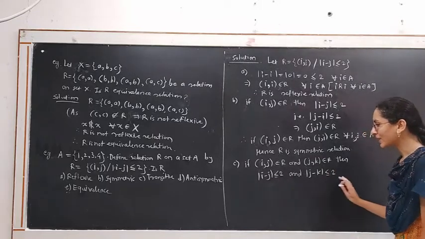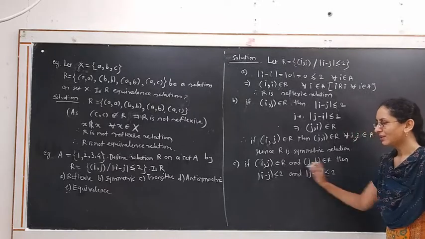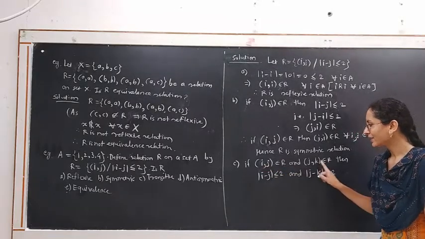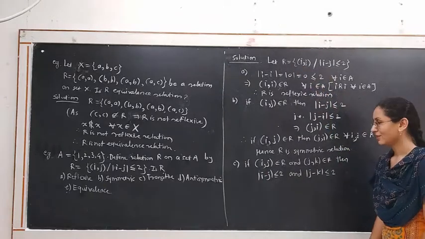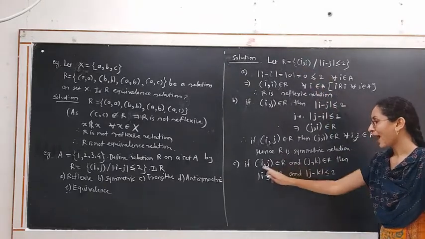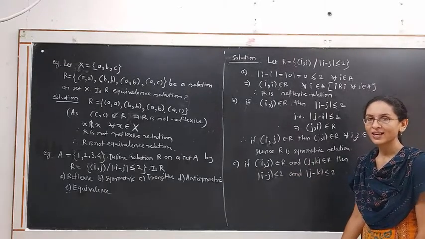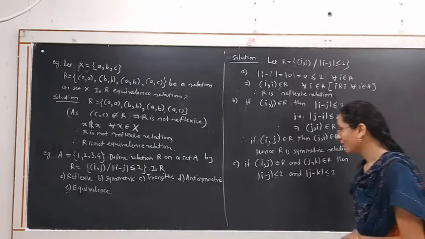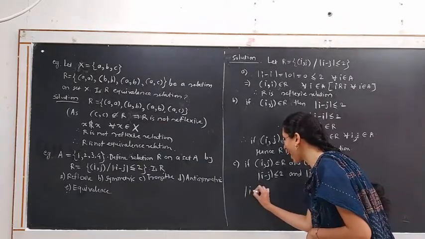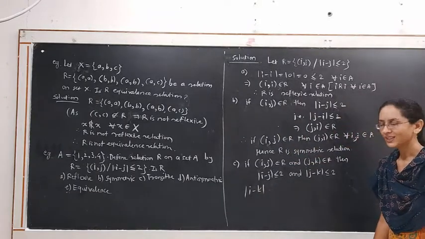If we have these two conditions, then we will check whether the ordered pair (i, k) belongs to this relation R or not. The ordered pair (i, k) belongs to R if mod of i minus k is less than or equal to 2. Hence, we consider modulus of i minus k. We know the triangle inequality.